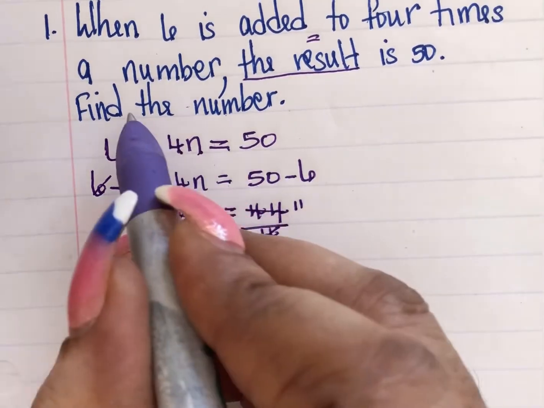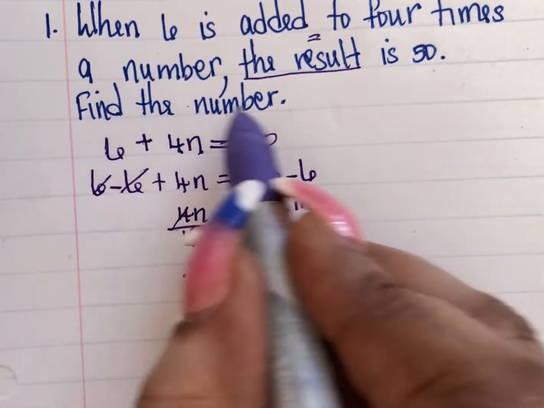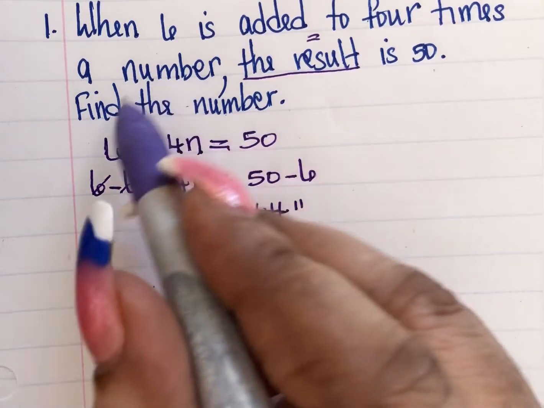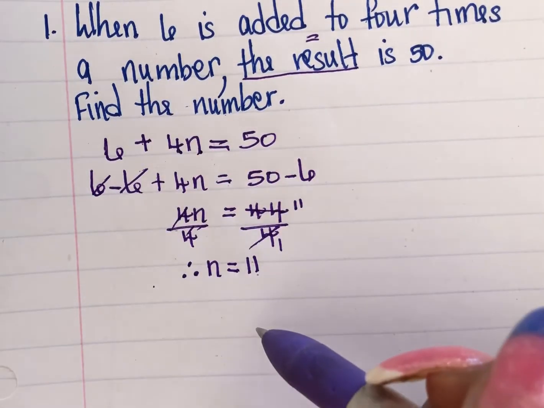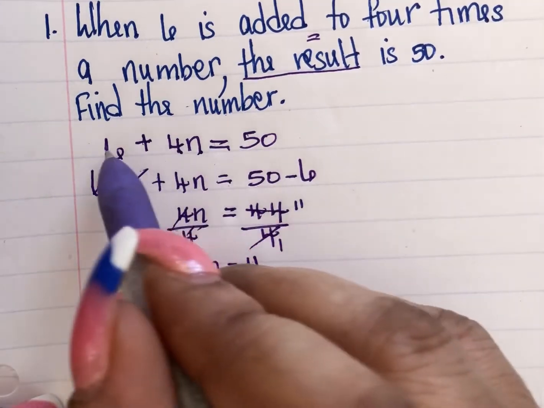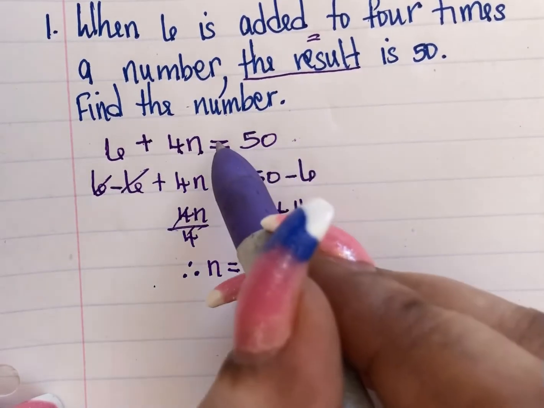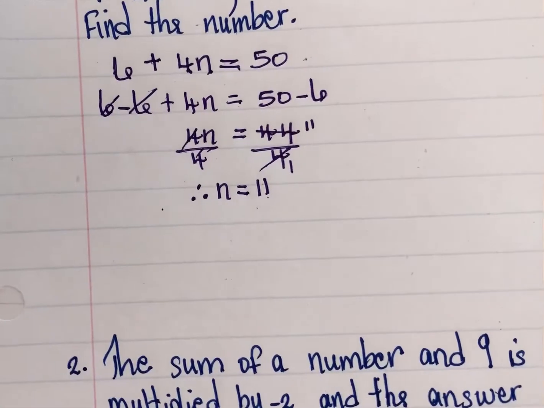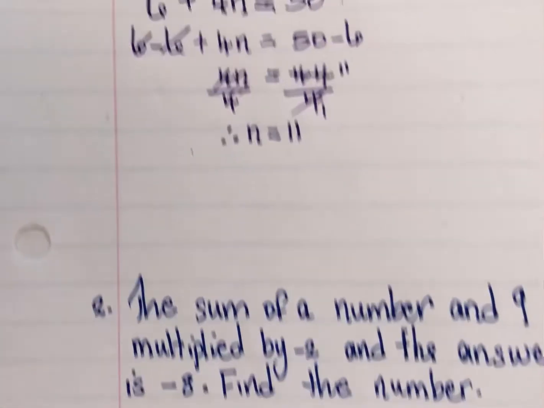Remember, our question asked us to find the number. So just what we did for this question, we are going to do it 2 more times, for the next 2 questions. We form our equation and then we solve using the balancing method.